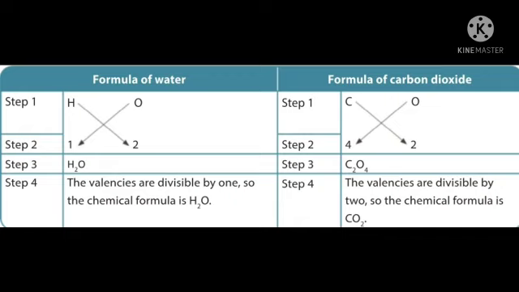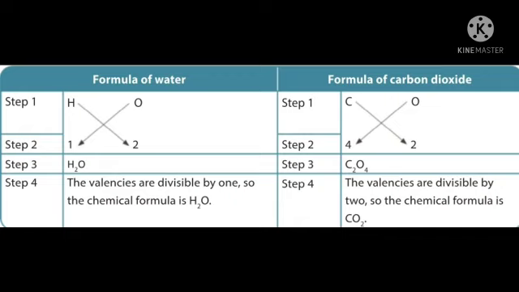We have seen 2 examples. Water. We know hydrogen and oxygen are present in water. So the symbols are H and O. Then below each letter we write the valency. Hydrogen valency is 1.